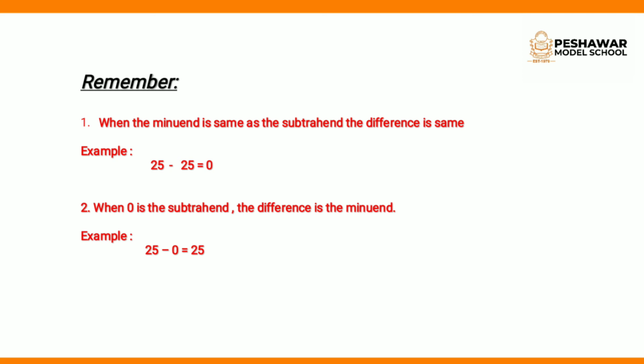So their difference is 0. The second point is, when 0 is the subtrahend, the difference will be the minuend. Means 25 minus 0. The minuend is 25 and the subtrahend is 0. So the answer is the minuend, which is 25.